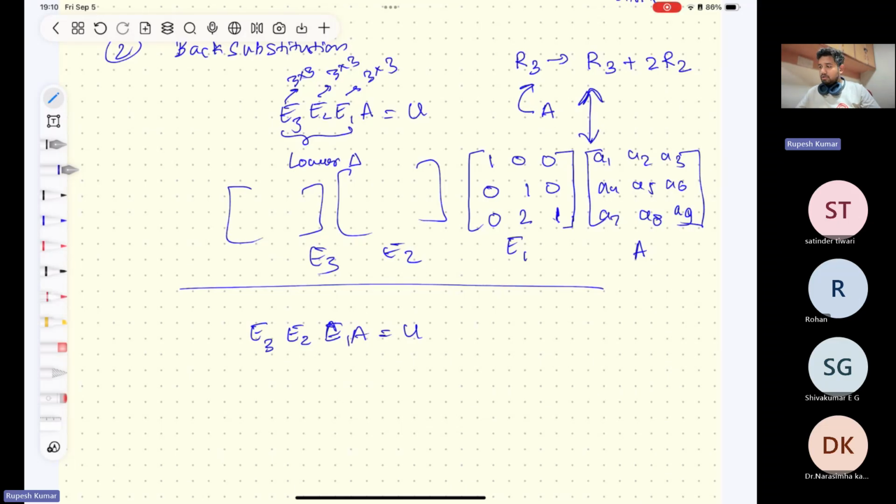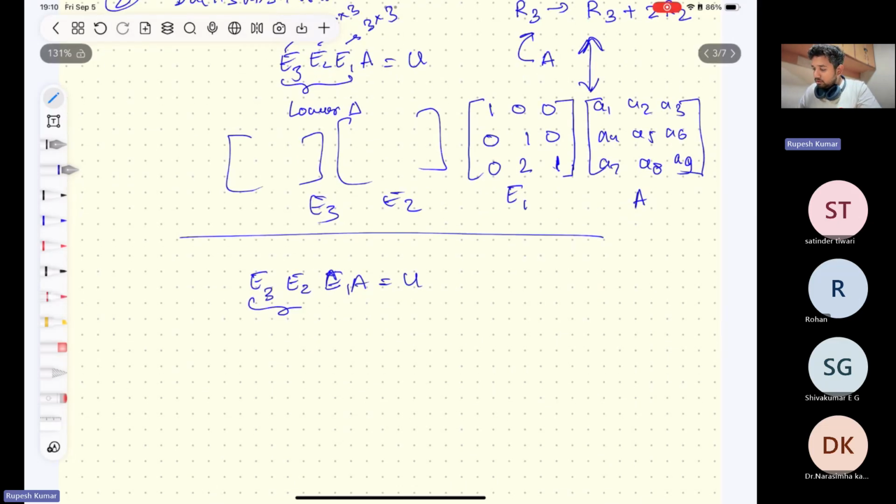So how to get to that? Just think. You are always saying R3 equals R3 plus 2R2, so you are already updating the lower row with a scalar addition from the topmost row. That is essentially a product with a lower triangular matrix, which you can figure out. So the first property is that all the Ei are lower triangular.